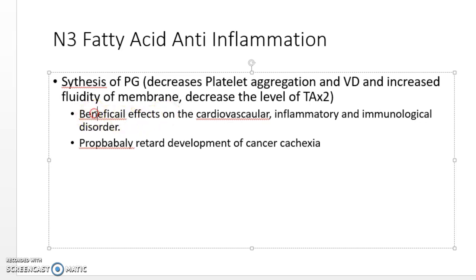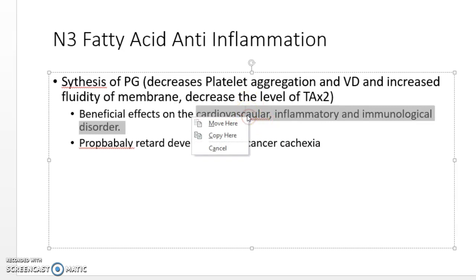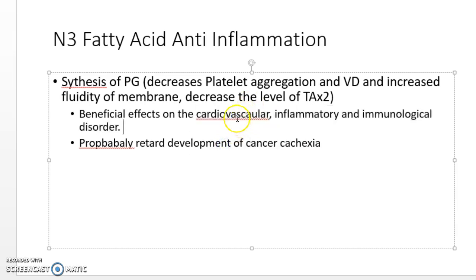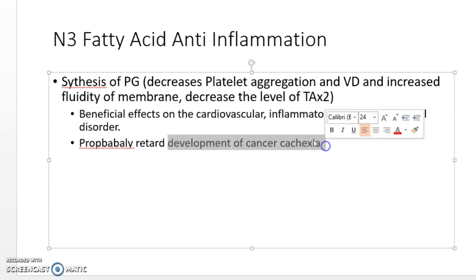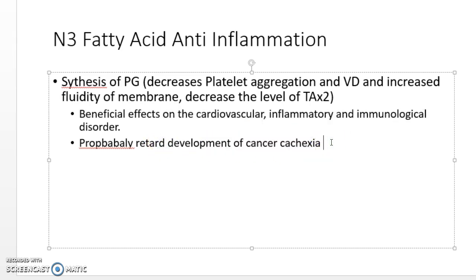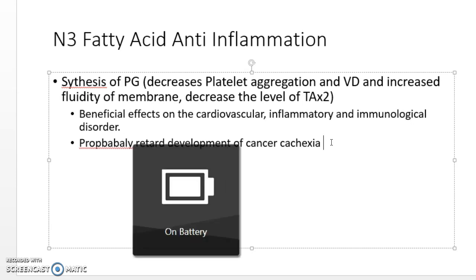It has beneficial effects on cardiovascular, inflammatory, and immunological disorders, and it can probably retard the problem of cachexia. Cachexia is basically a wasting syndrome, whereby you lose fat stores, muscle stores, protein stores. You just lose them all. So it's a wasting syndrome essentially.